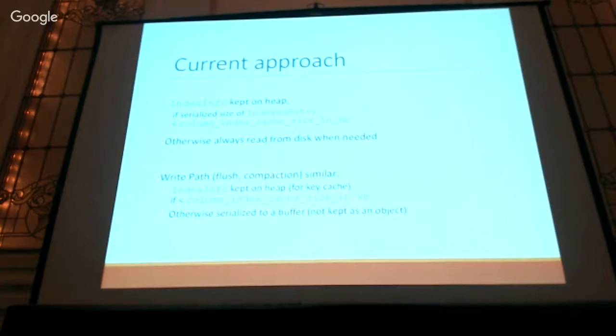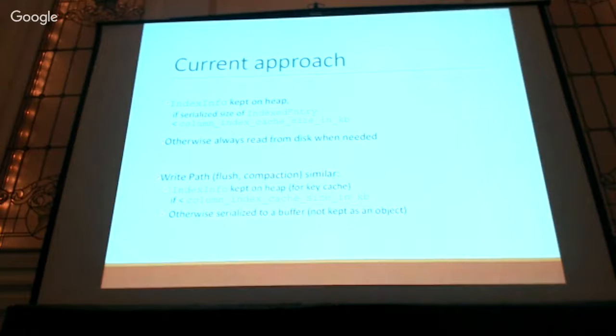That's a tunable thing. Otherwise, no index info object. So if the serialized size of the index entry object would get bigger than the 2 kilobytes in the default setting, none of these index info objects will stay on heap.